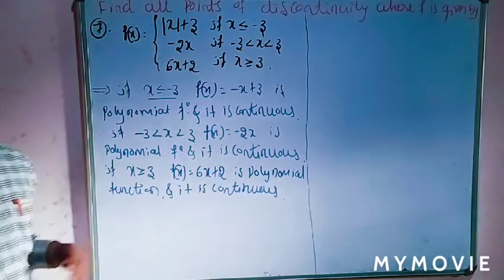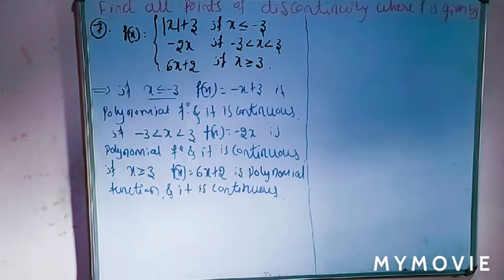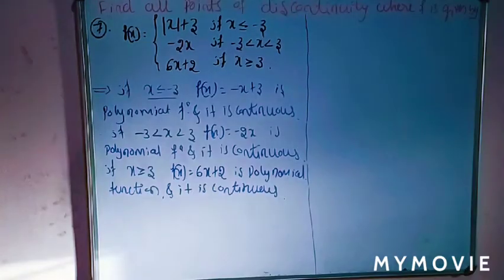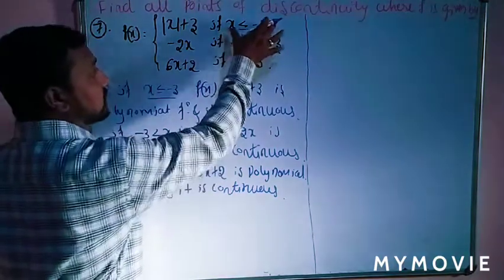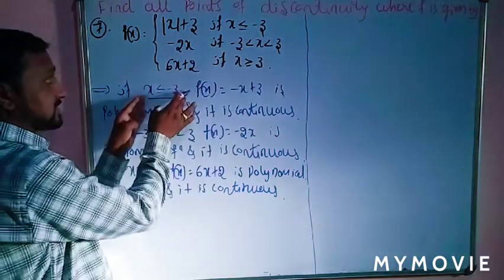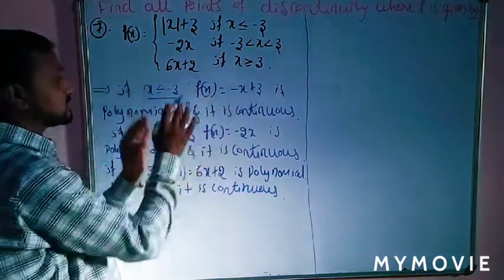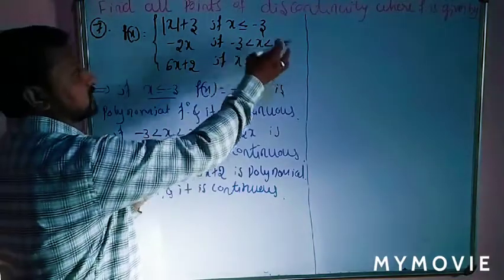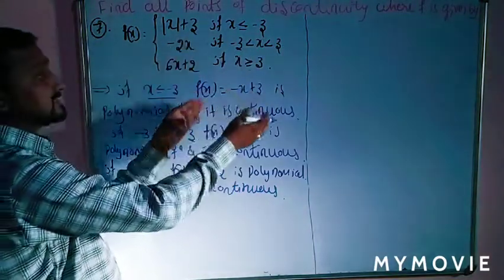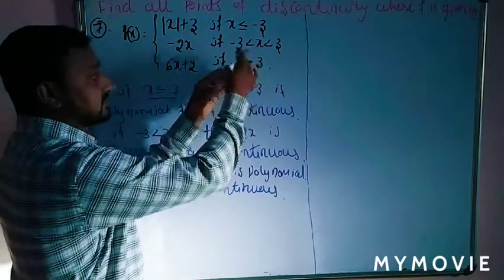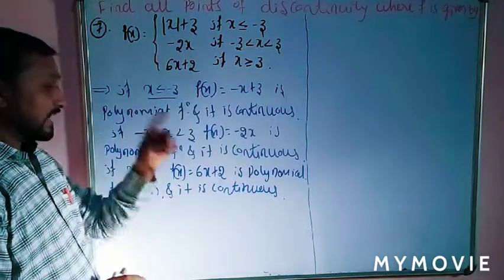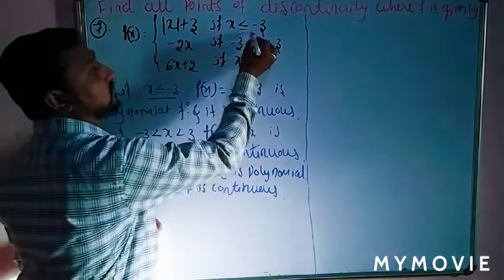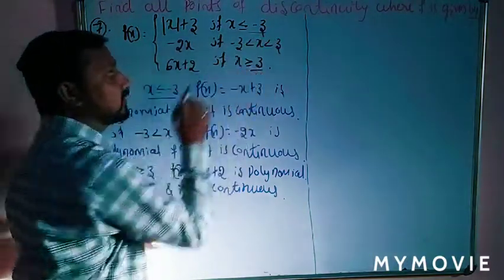Okay, so the three conditions are over. Then we can check: for x less than or equal to -3 the function should be continuous, for x between -3 and +3 the function should be continuous, and for x greater than 3 the function should be continuous. Generally it is continuous, and we check at x equal to -3 and at x equal to 3.